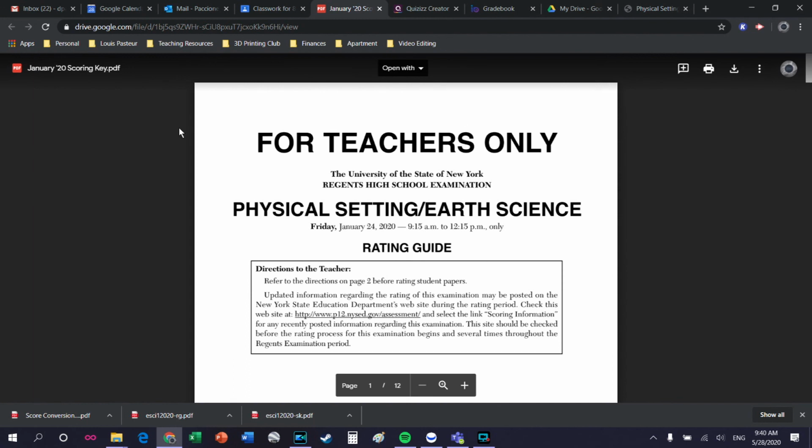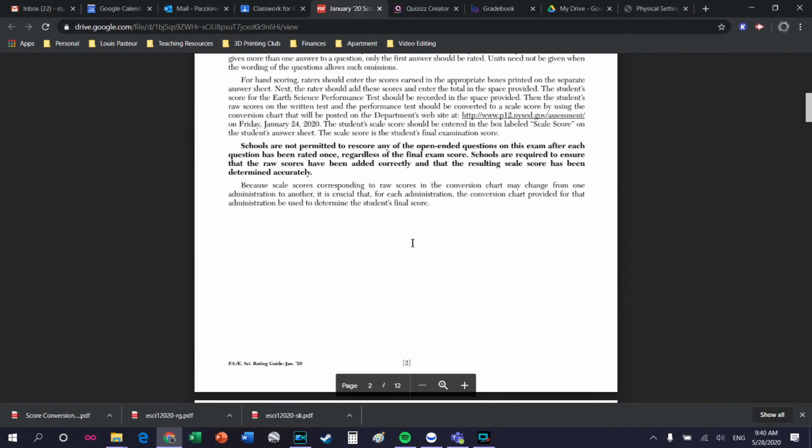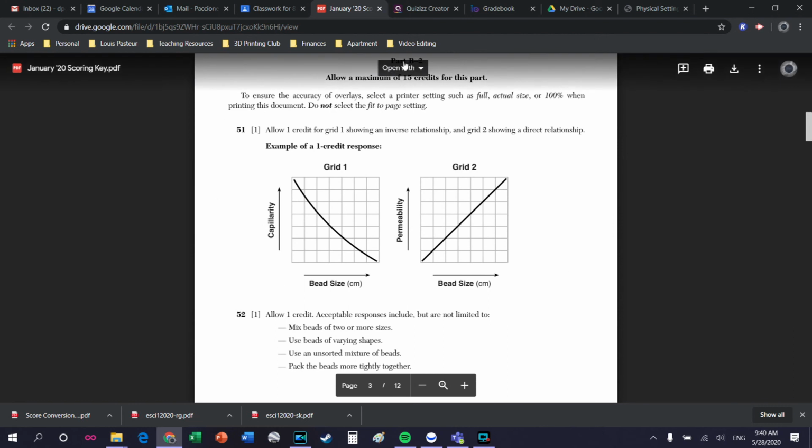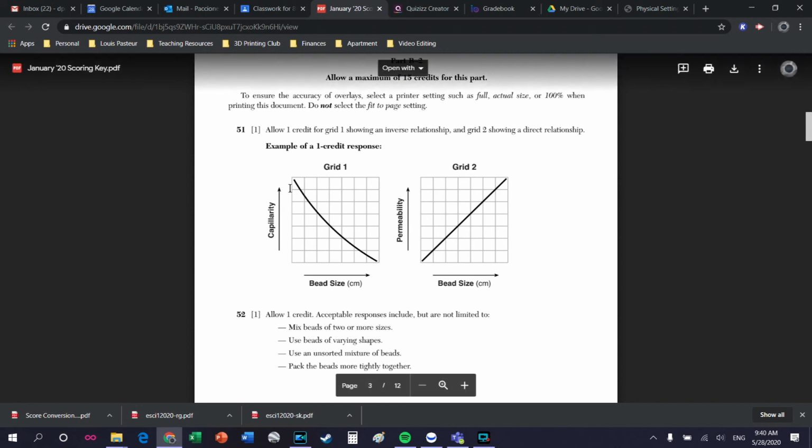Okay. The first thing you have to do is go to the scoring key. It says for teachers only, but it's not a big deal because this exam is old, so you're free to use it. You scroll down and you start looking here. You can see how, for instance, for question 51, it says allow 1 credit for grid 1 showing an inverse and grid 2 showing a direct relationship.